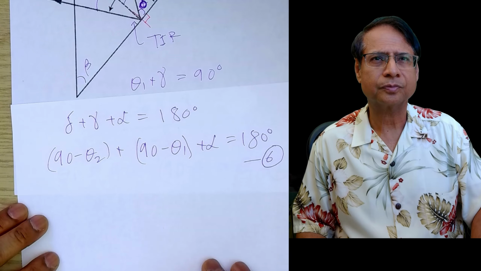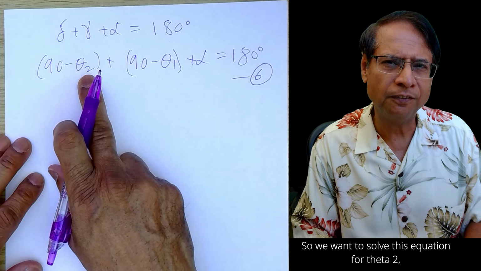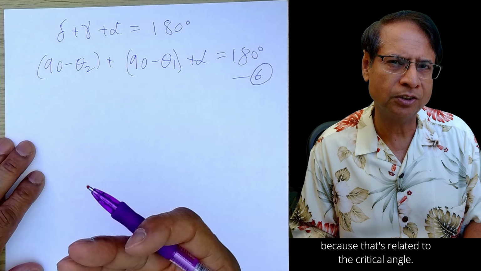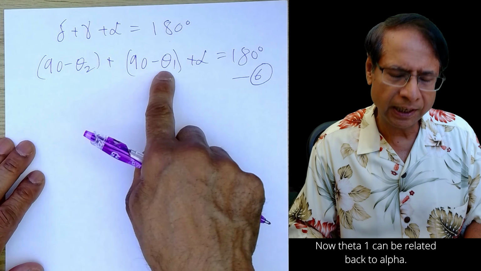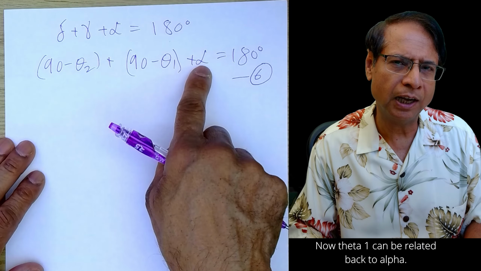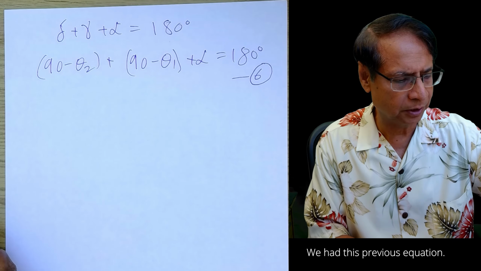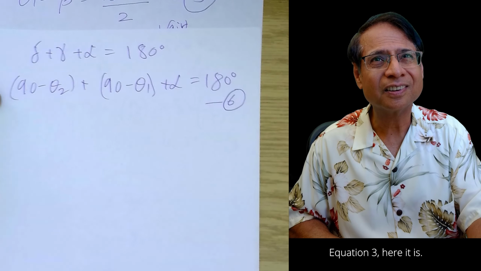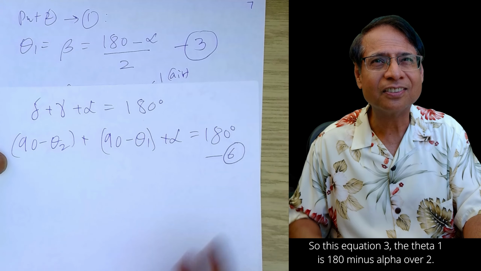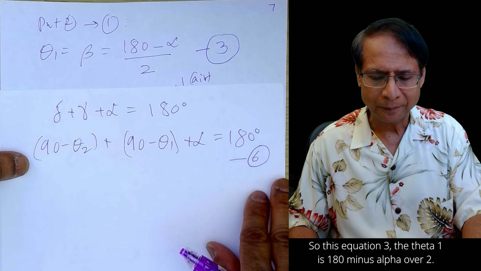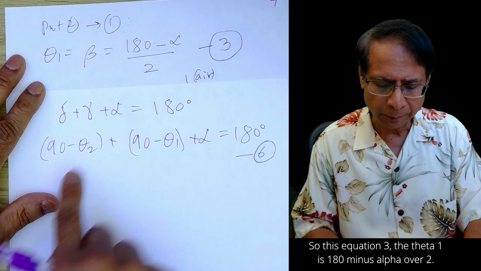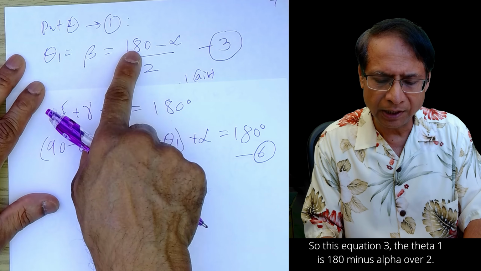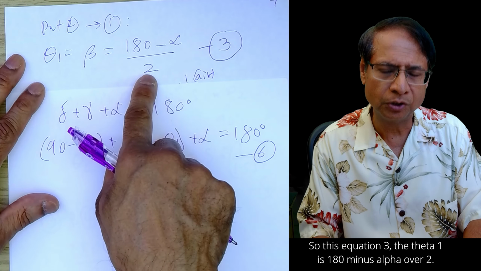Okay. So we want to solve this equation for theta 2 because that's related to the critical angle. Now theta 1 can be related back to alpha. How so? We had this previous equation, equation 3, here it is. Okay. So in equation 3, theta 1 is (180 minus alpha) over 2.